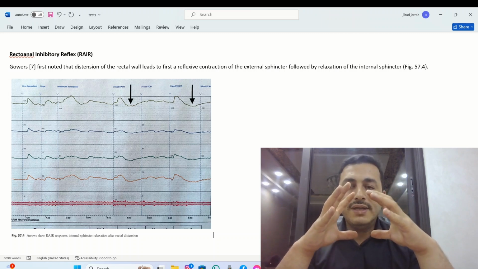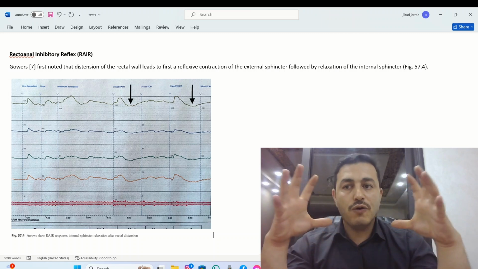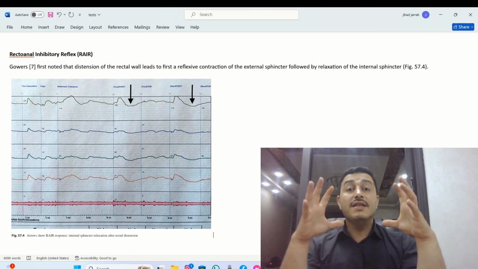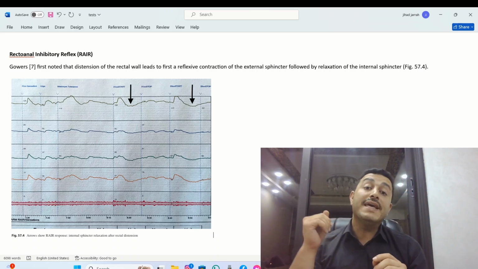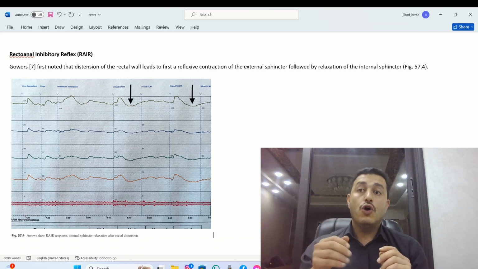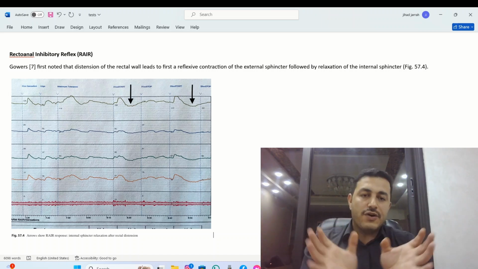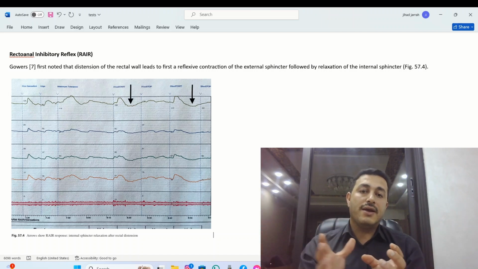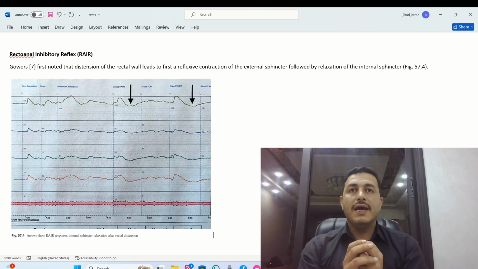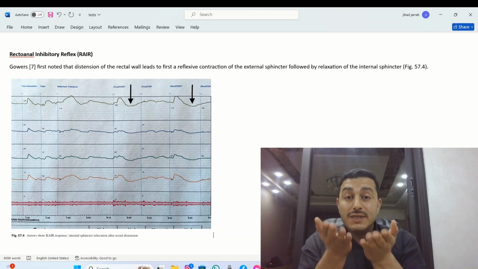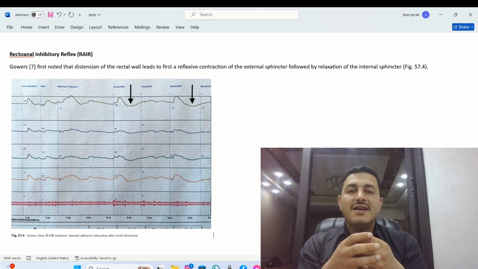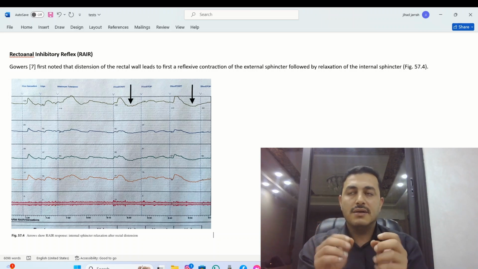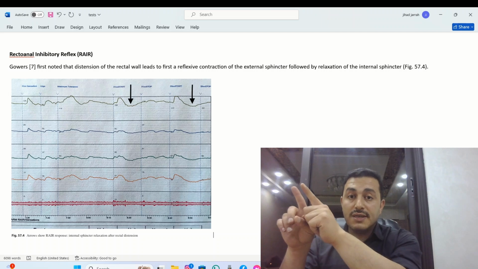Distension of the rectum will lead to contraction of the external anal sphincter, which engulfs the distal anal canal, and the proximal anal canal, in other words the internal anal sphincter, will be relaxed.